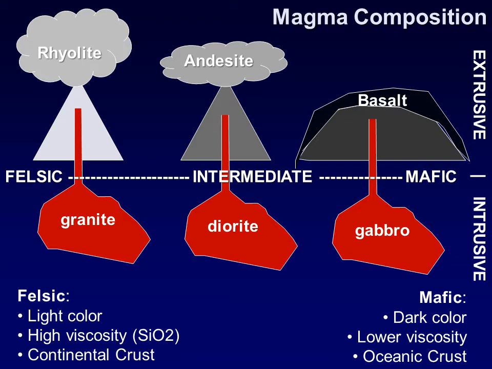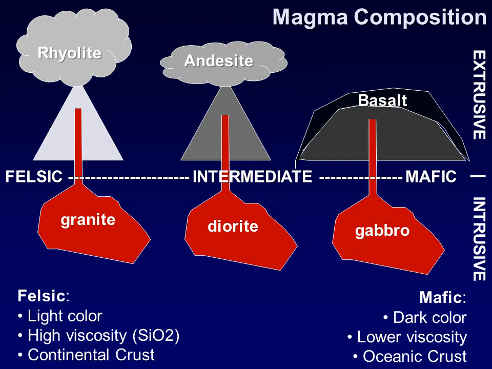It is high viscosity because it has a high silica content, which is that SiO2. And this usually forms on the continental crust, because continental crust is mostly silica. So if that felsic magma cools off at depth, we're going to have great big crystals because it's cooled slowly and crystals take time to grow, and we're going to form granite.